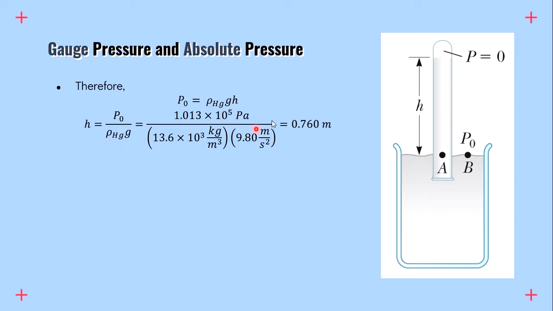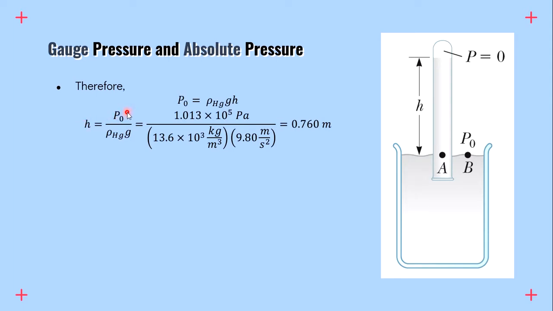Therefore, this formula can be derived from the formula pressure is equal to rho g h, so density of the fluid times gravitational acceleration times the height of the column is equal to the pressure. But since we are looking for the height of the mercury column, we have already derived the formula.